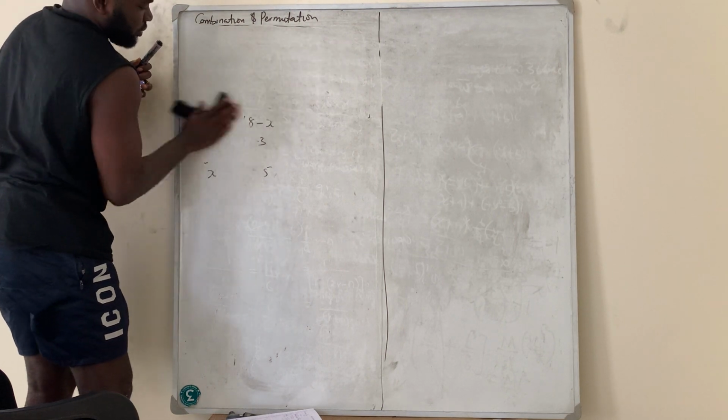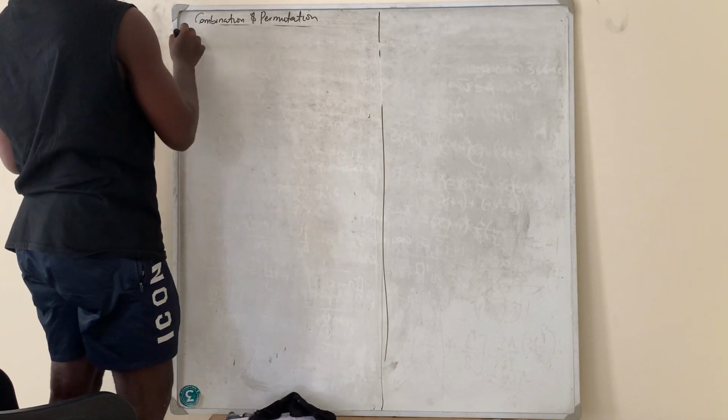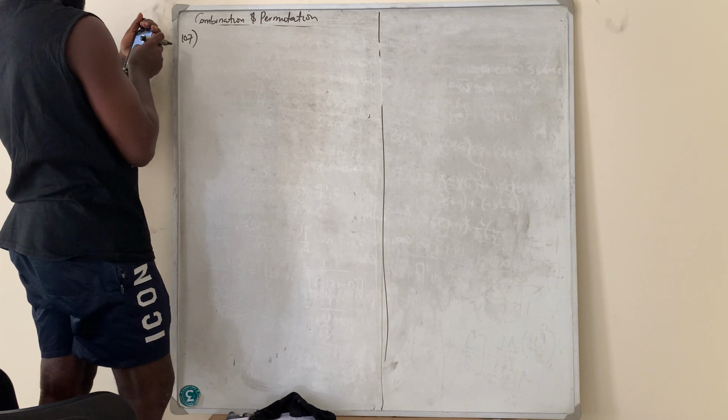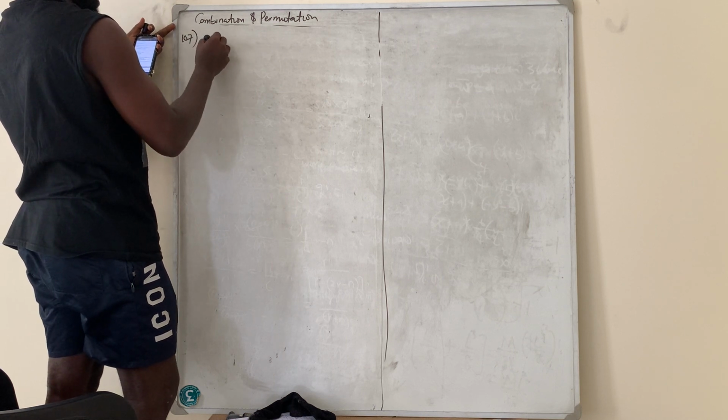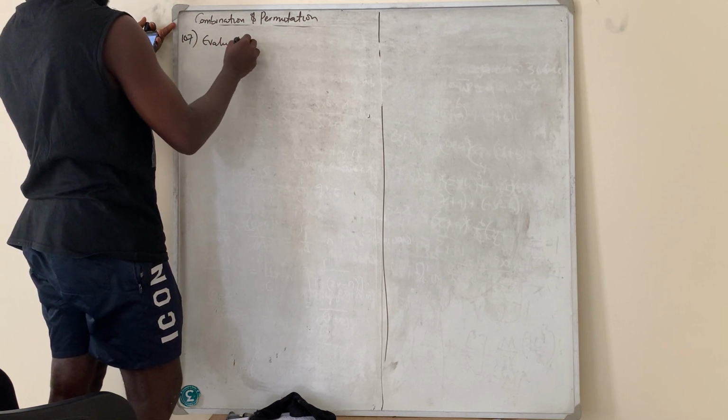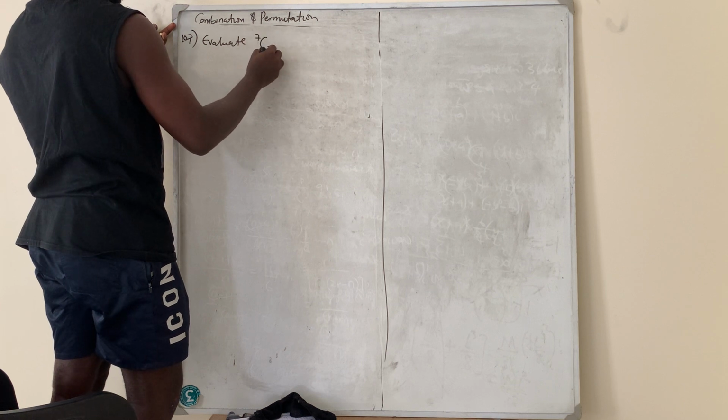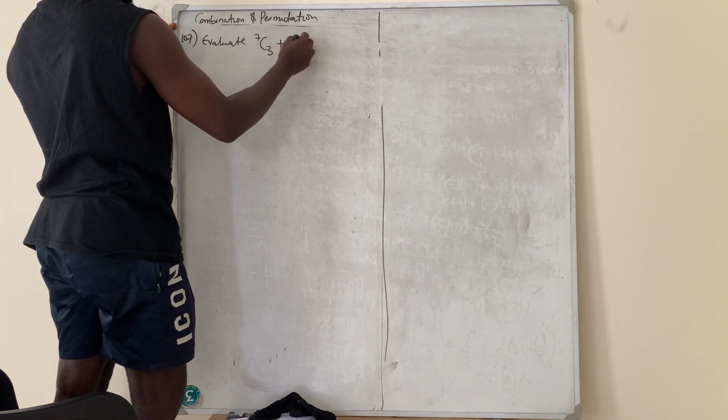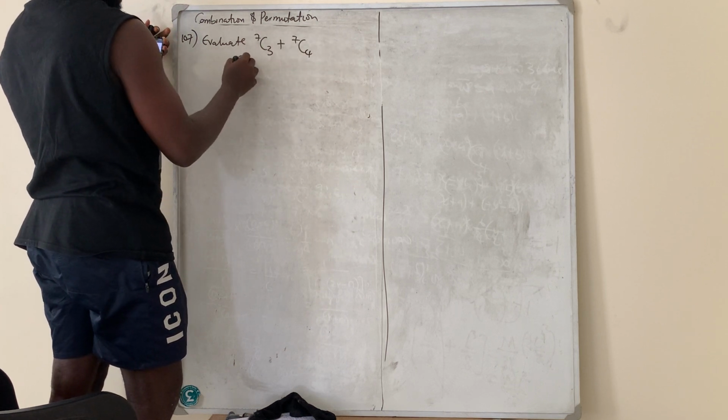Question number 107. Question number 107 said, evaluate 7 combination 3 plus 7 combination 4. Solution.